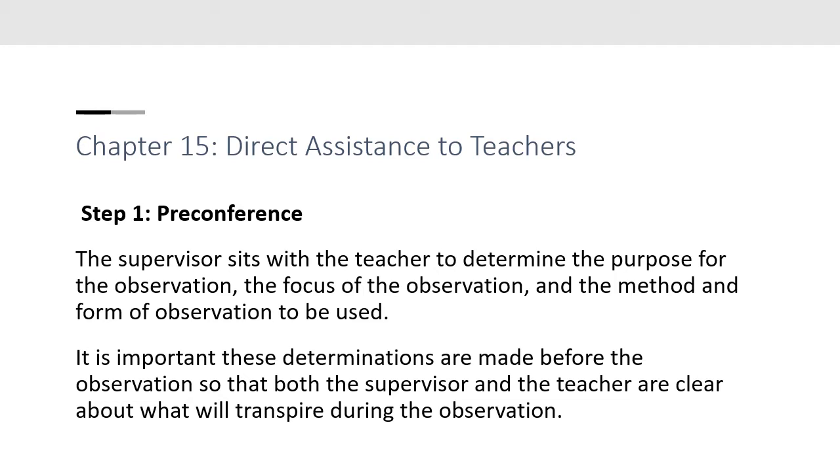The supervisor sits with the teacher during the pre-conference to determine the purpose of the observation. This is when you would talk about the teacher's curiosities, what the focus of the observation will be, and the method and form of the observation to be used. It is important that the teacher and the supervisor are both very clear about what's going to happen during the observation.